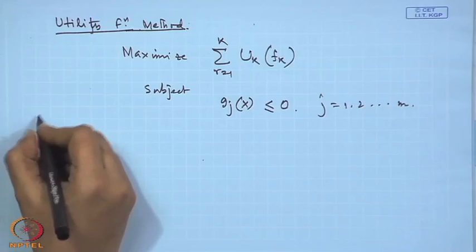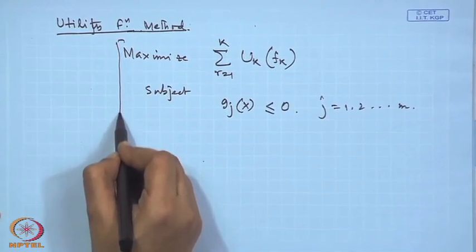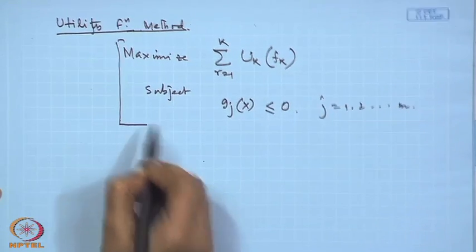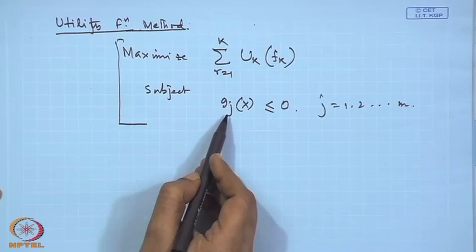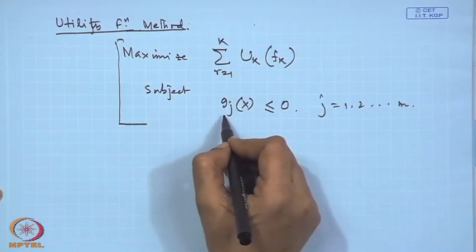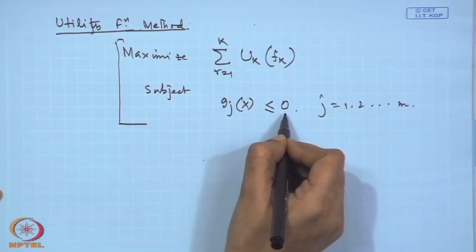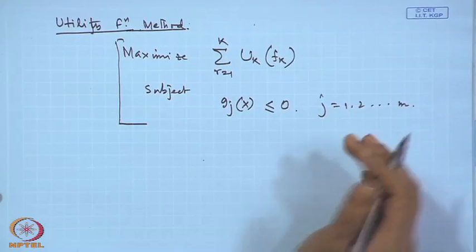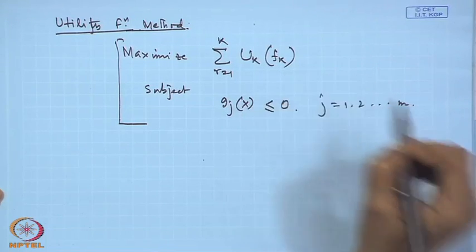There are certain variations of the utility function method as well, and at least geometrically, if I just look at the utility function form, we could see that the solution would be that point where we are having the intersection between the non-dominated frontier and the indifference curve. We are having the non-dominated frontier which is coming out of this feasible space, considering the behavior of the objective functions, and the intersection of the non-dominated curve and the indifference curve gives the solution of this problem.